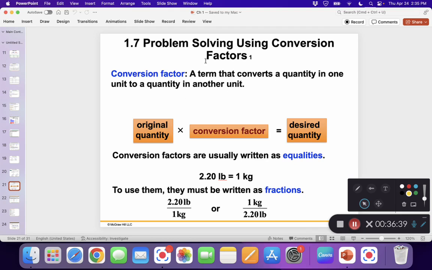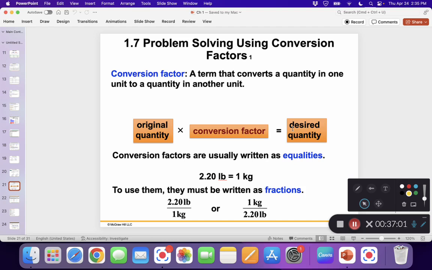So whenever we have to solve a problem converting from one unit to another, we have to use the conversion factor. So what is the method? The scheme is you start with the original quantity, multiply the original quantity by the conversion factor, and you will get the desired quantity.